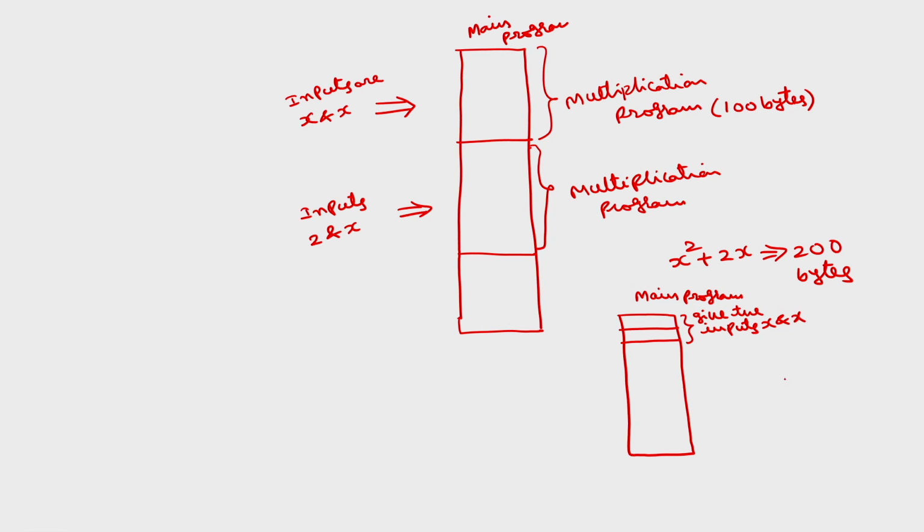Then you write a multiplication program somewhere else. Whatever data you give, this will multiply and feed the result back to the main program. This particular multiplication program is called a subroutine or procedure.